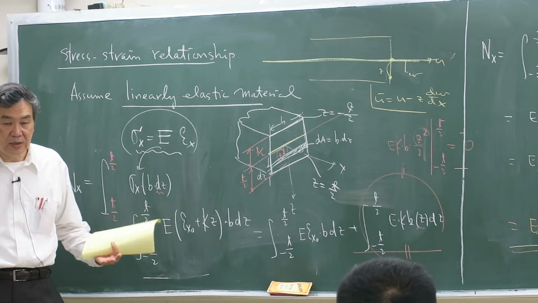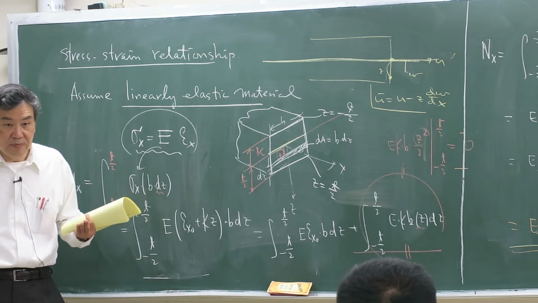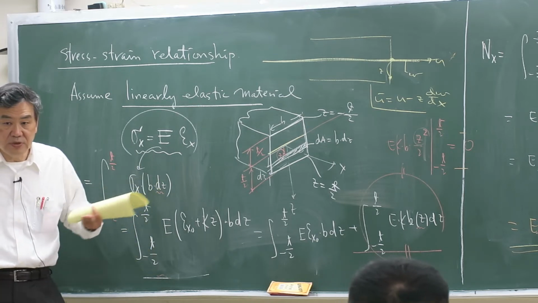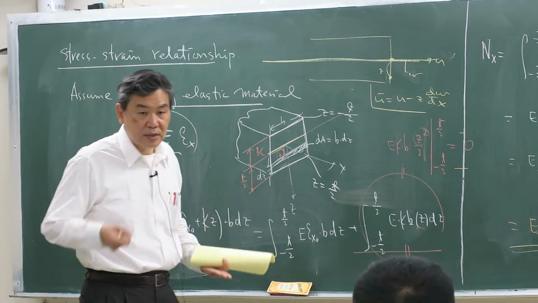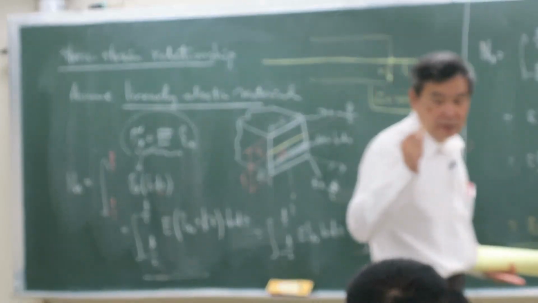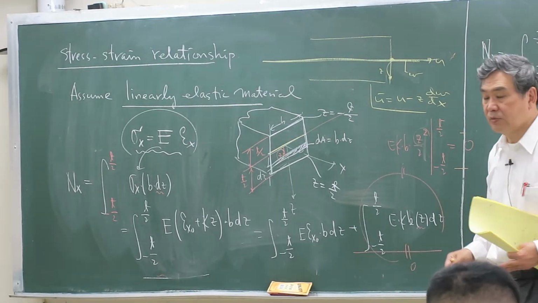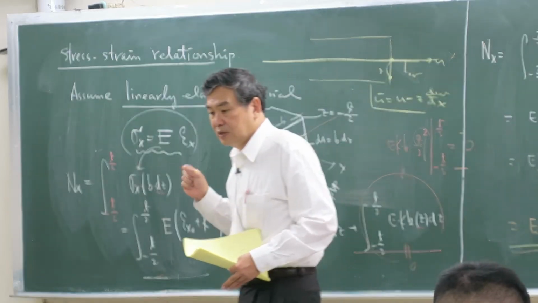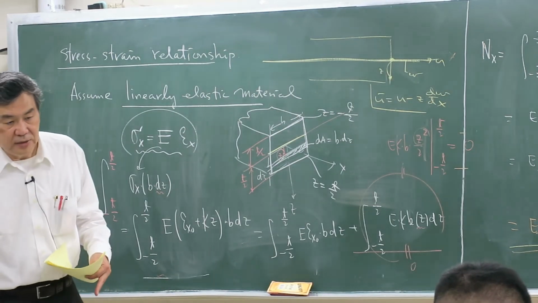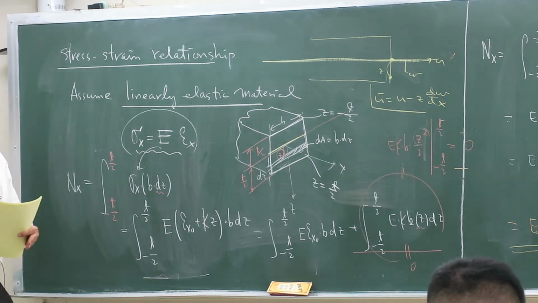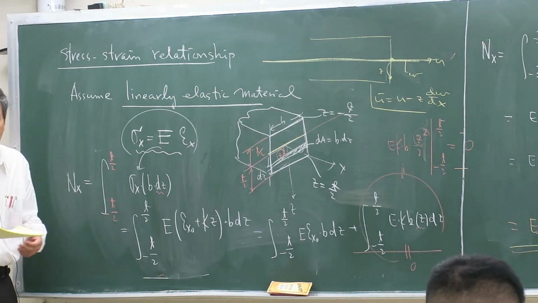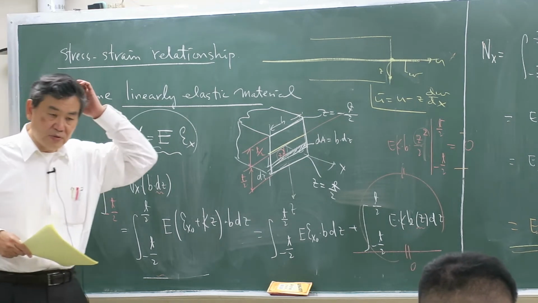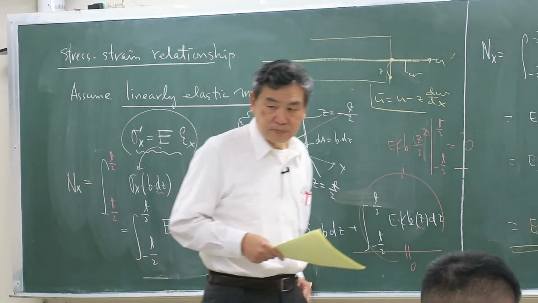Plate, they do not consider the axial strength. But for shell, they have to consider neutral axis stretching. That's the difference between shell and plate. So plate is close to linear beam theory, but for shell, you have to consider the membrane effect. So you have to consider the axial deformation.